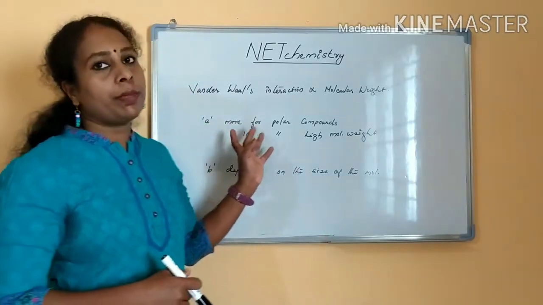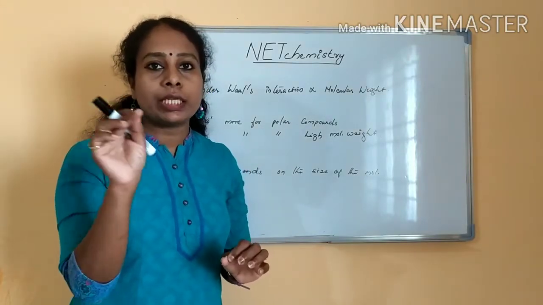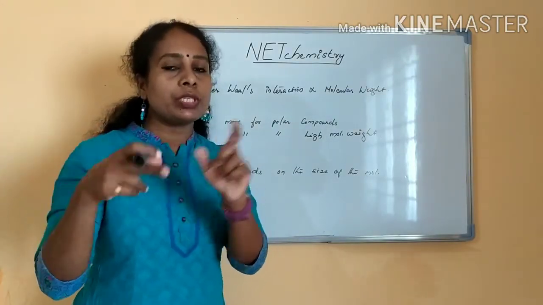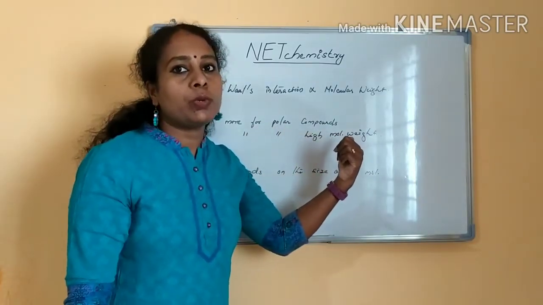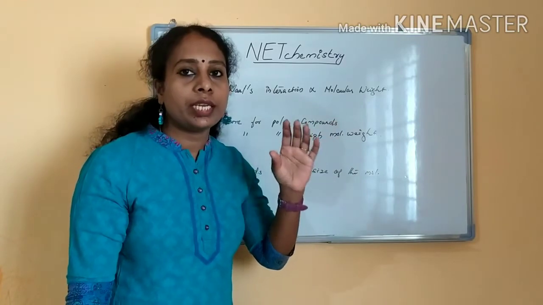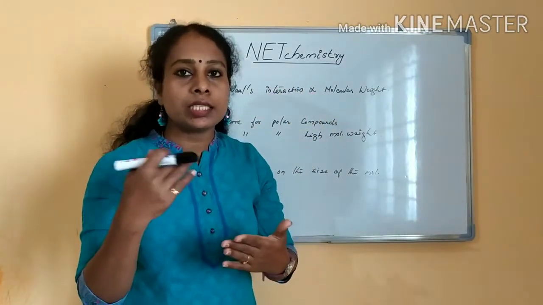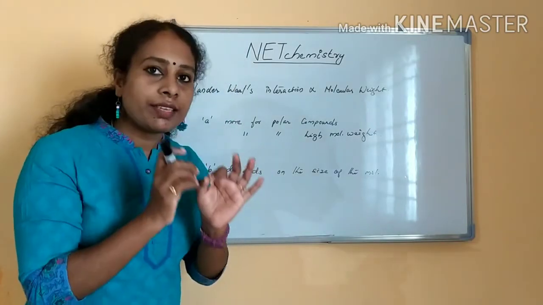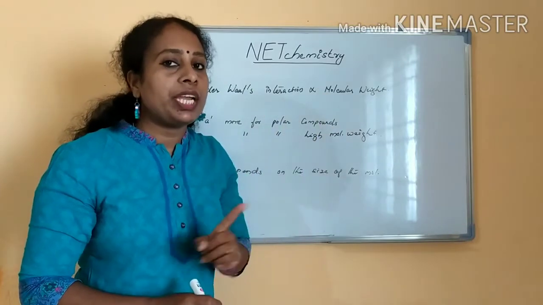So what will be happening? a is more for polar compounds. You might get some comparison, or else from some questions you have to draw this conclusion. So a is more for polar compounds, okay. For polar compounds, intermolecular forces will be high, and if it is a high molecular weight, the a value will be high. For hydrogen and helium, you have seen the a value is very less. That is why you are getting Z greater than 1 for hydrogen and helium.